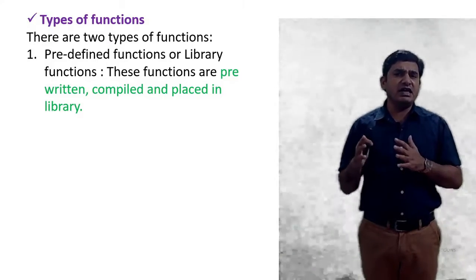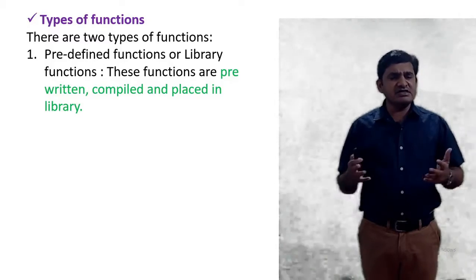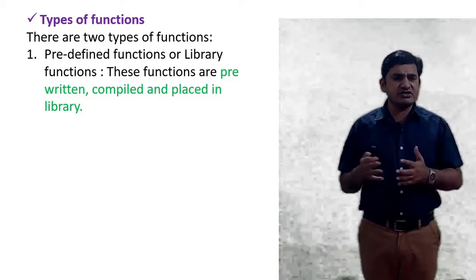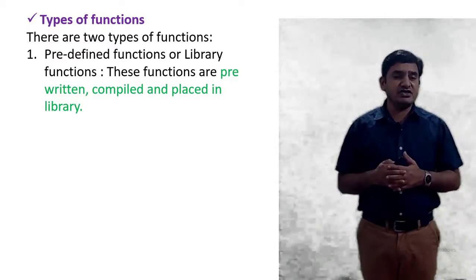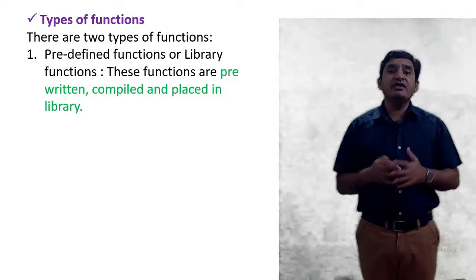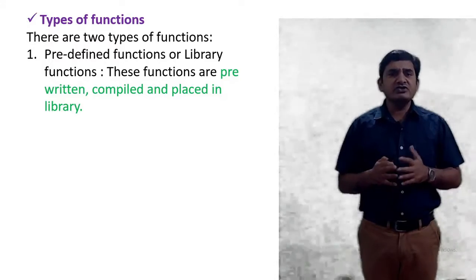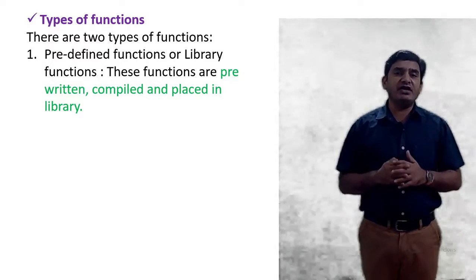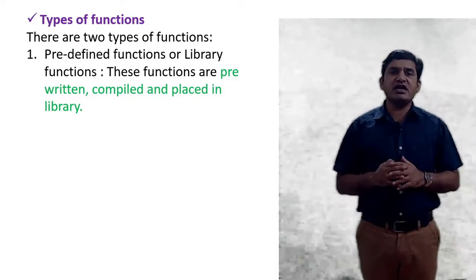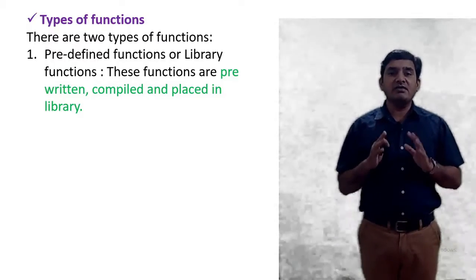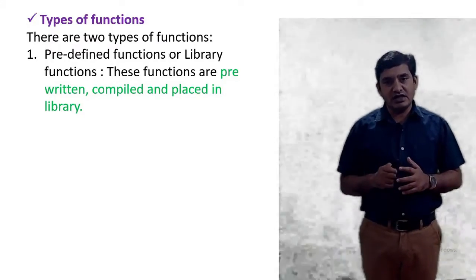So it is a library. And if we consider the cos function, tan function, then sine function, then we require math.h. So these are predefined functions. These functions are pre-written, compiled and placed in a library.